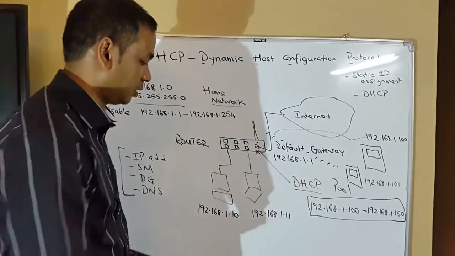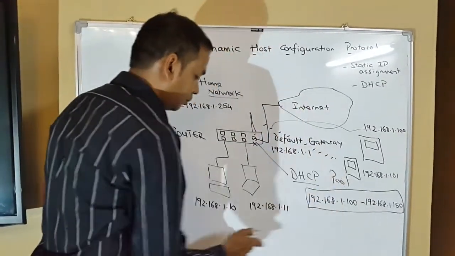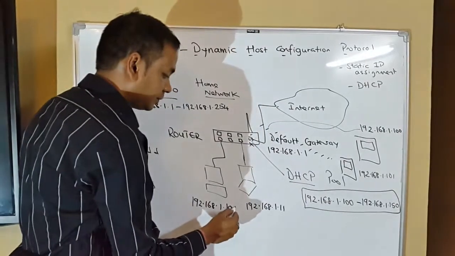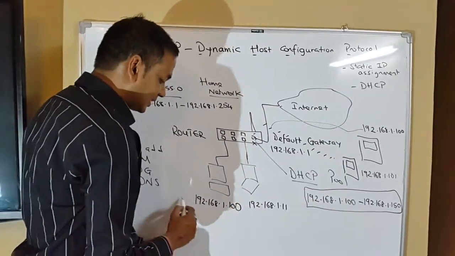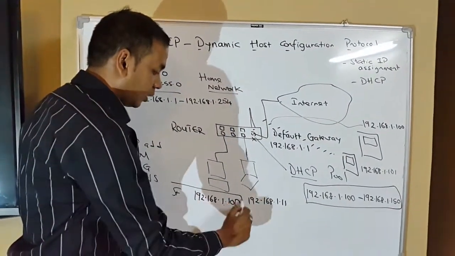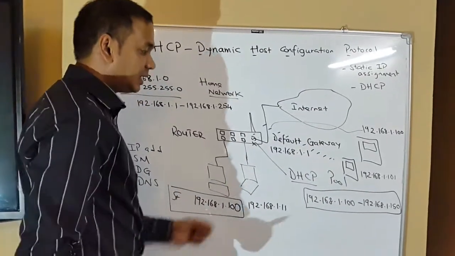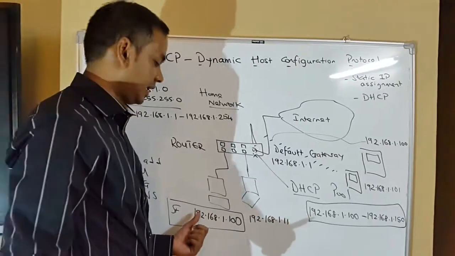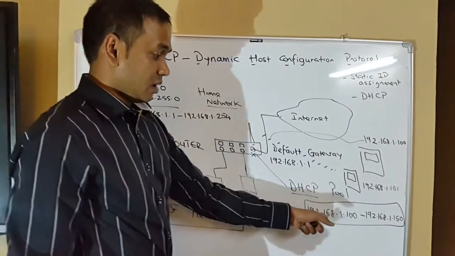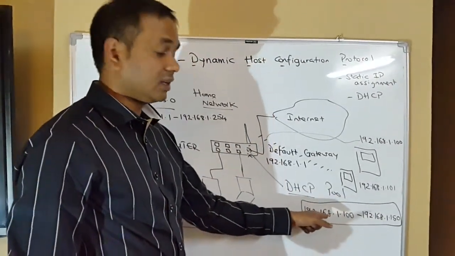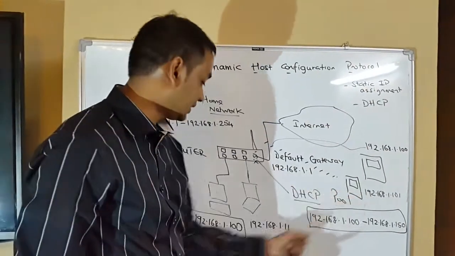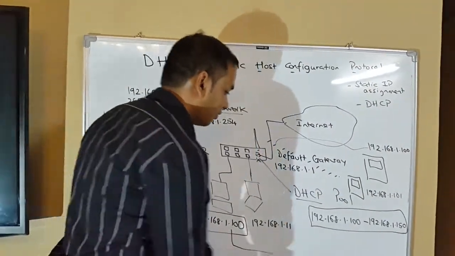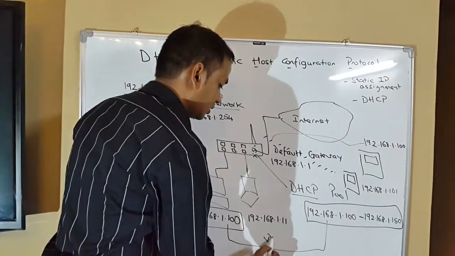Because if, for example, my DHCP pool starts at 100 and I statically assign one PC 100, my router will not know that I have already assigned 100. When someone connects through wireless, there will be an IP conflict.